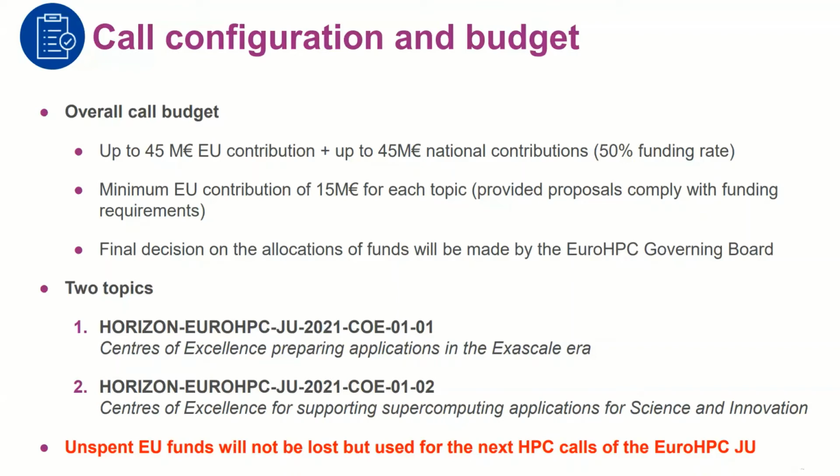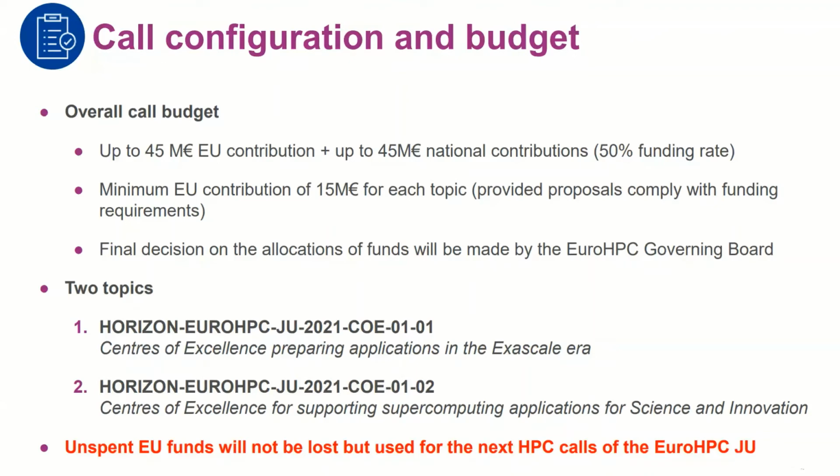For every topic, we have a minimum EU contribution of 50 million, and the final decision on the allocation of funds will be made by our governing board based on the ranking list of the proposals received.